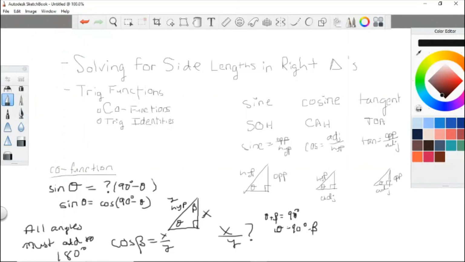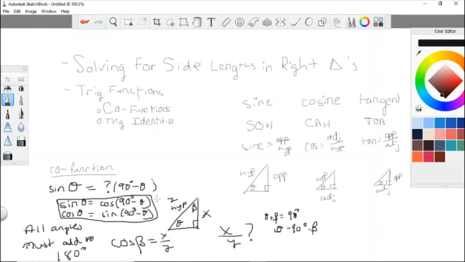And similarly, because these are cofunctions, we can say cosine of theta equals sine of 90 minus theta. So these two are very important for you to know because they are cofunctions, but these are just the basics and probably review for most of you who have taken Algebra 2 and Geometry.